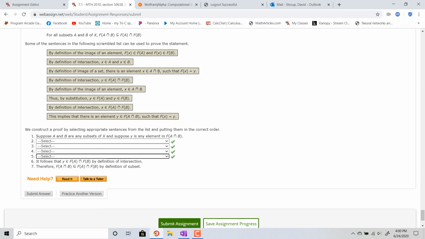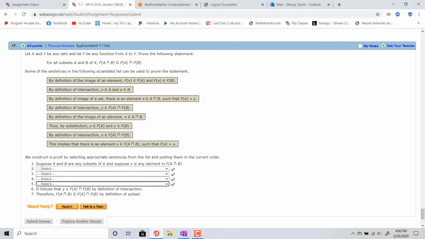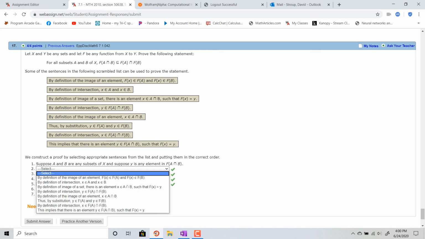So what are we trying to prove? That f of A intersect B is contained in f of A intersect f of B. So they give you the supposition A and B are subsets such that y is any element in f of A intersect B. Right, so there must be some x in A intersect B such that f of x is equal to this y.